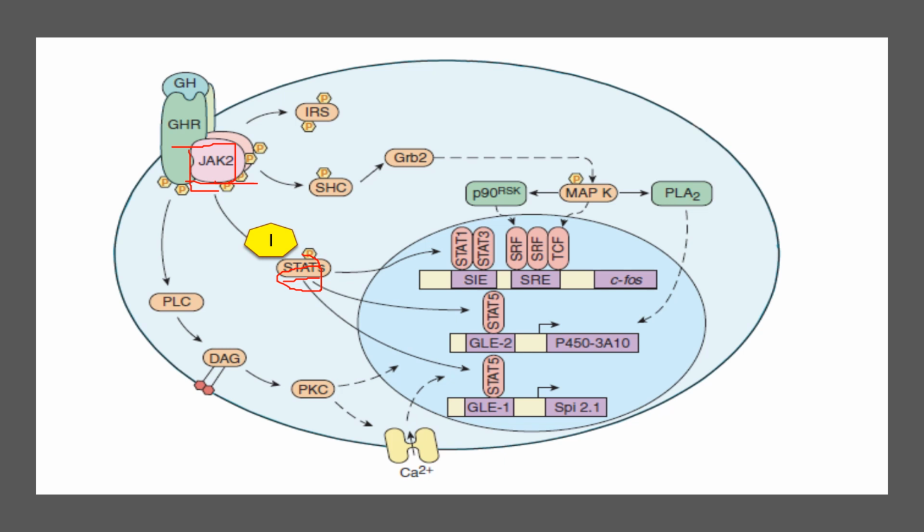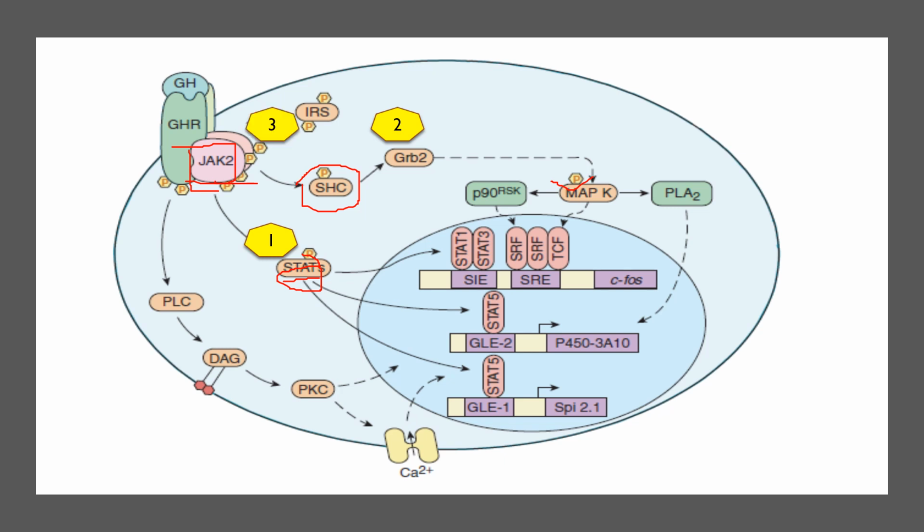Now come to the second pathway, the SHC-GRB2 pathway. Here again JAK2 causes the phosphorylation of protein SHC. That activates GRB2, and GRB2 protein stimulates the MAP kinase, and this MAP kinase induces various gene transcription.